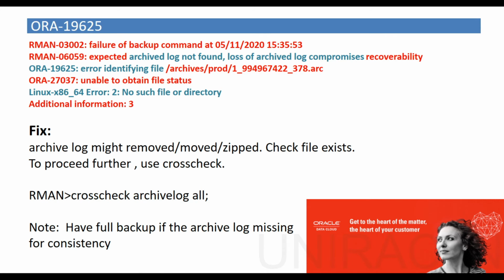And if the files do not exist, these archlogs will be marked as expired in your control file. So when the backup failed due to the arclog file missing, the engineers take an immediate action to run a crosscheck and to complete the backup anyhow. There could be many reasons, but we have to ensure that.